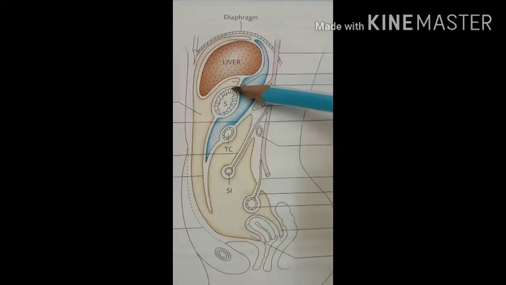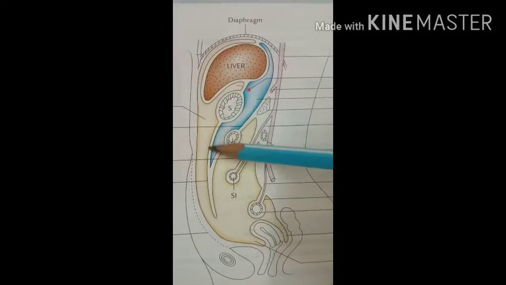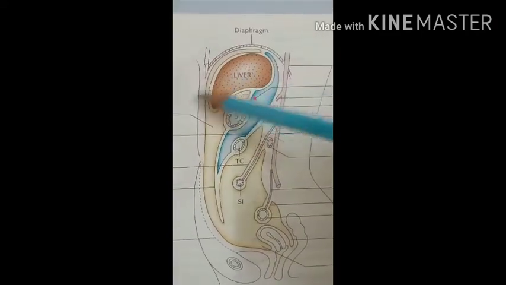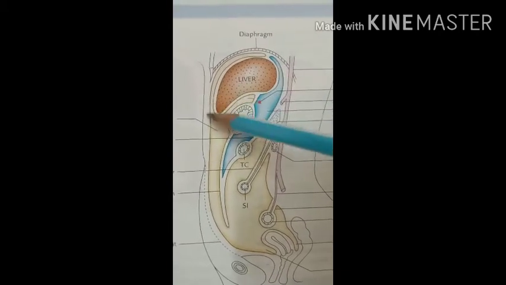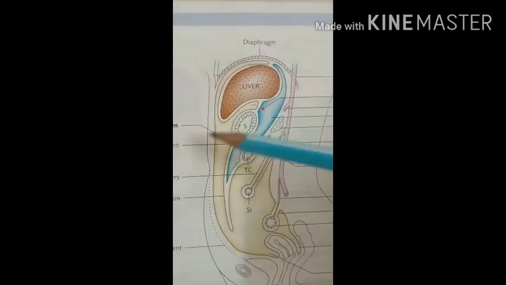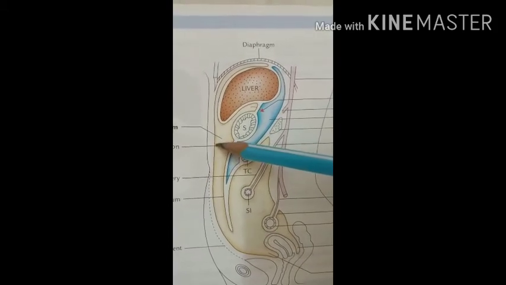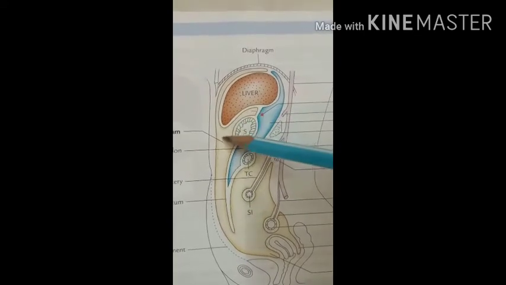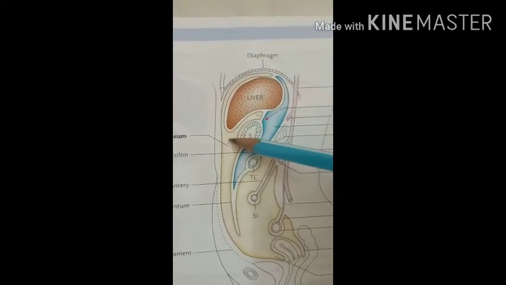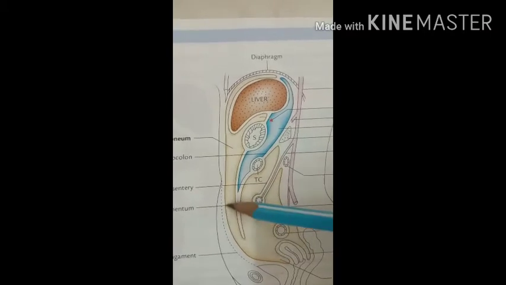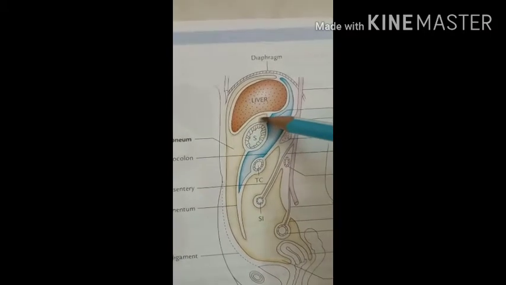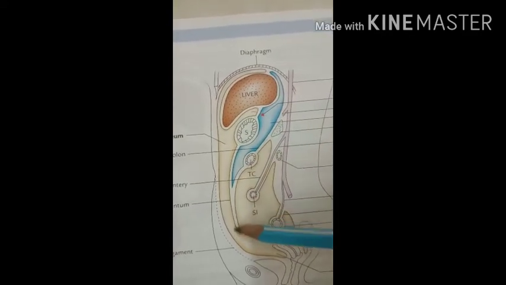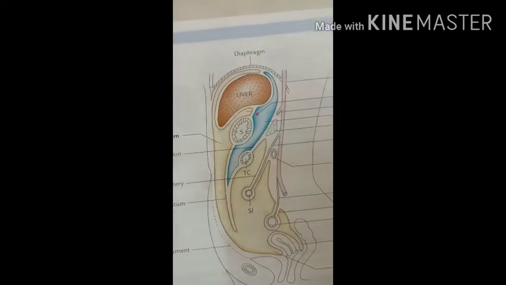And all the abdominal organs are covered by the visceral layer of the peritoneum, and the anterior abdominal wall is covered by the parietal layer. Between the two layers, the visceral layer and the parietal layer, there is a potential space, and this potential space is filled with serous fluid, which is secreted by the mesothelial cells of the serous layer or visceral layer of the peritoneum.